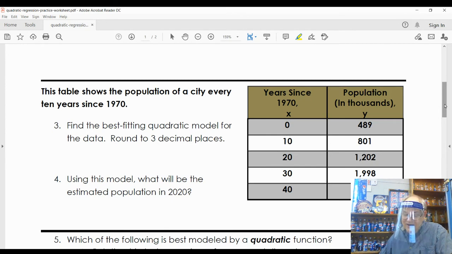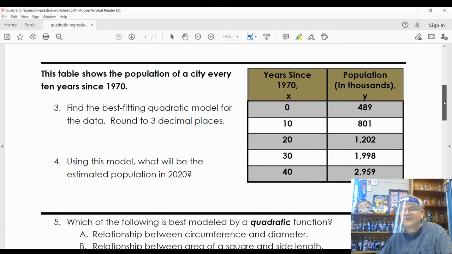I did that and got approximately 4176.7. So it's that many thousands, which would be roughly 4,176,000 for a final answer. We okay there? So the city we're talking about must be something like Los Angeles here.